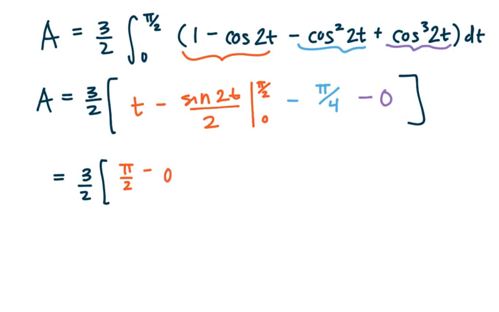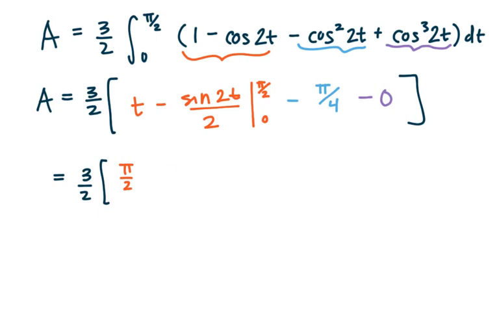So minus 0. Plugging in 0 for t, I would get 0 minus the sine of 2 times 0 over 2. Again, that is 0. So this first integral that we were calculating is just pi over 2.